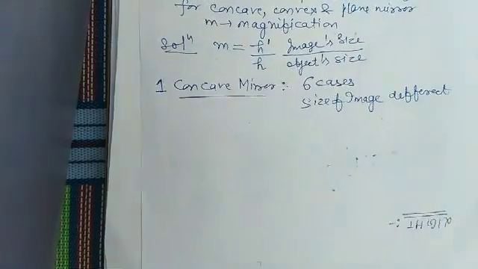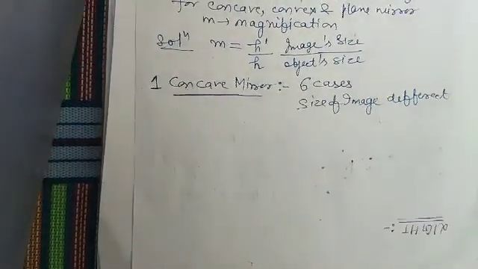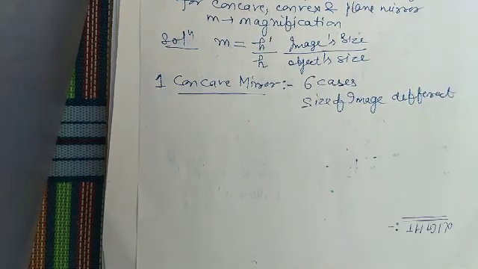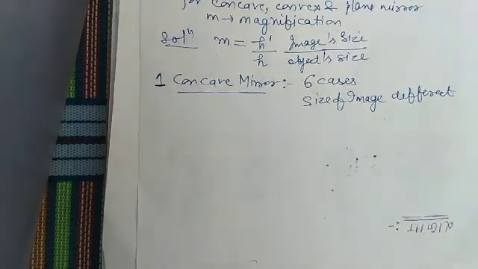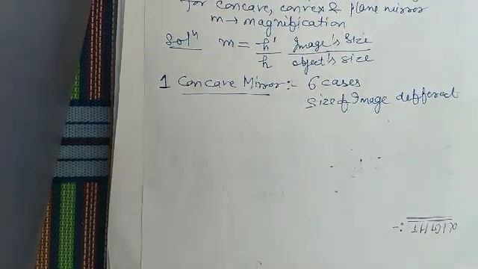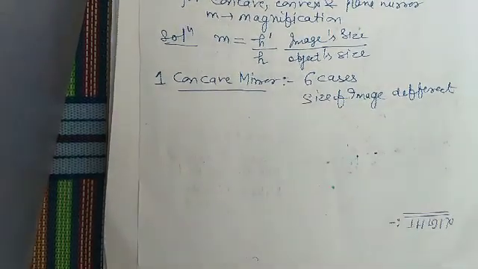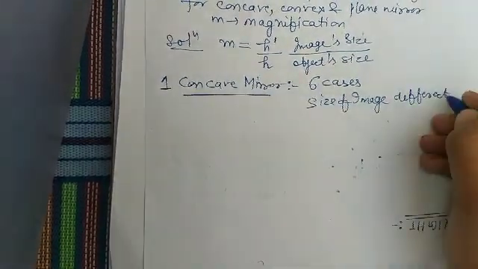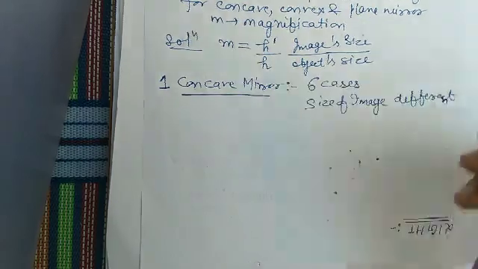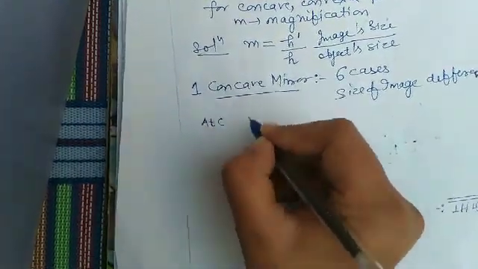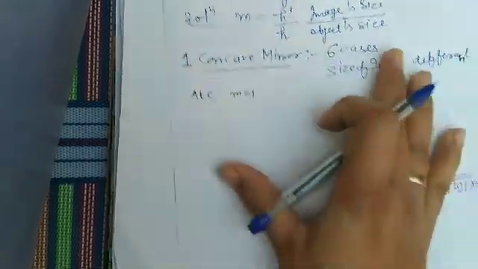In some position, object is placed so as to get the image of equal size, that is center of curvature. It means when object is located at center of curvature, size of image is equal to size of object. In that case, magnification will be 1. Okay, it means अगर आप C पे रखेंगे तो magnification 1.